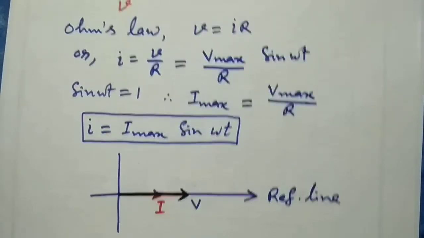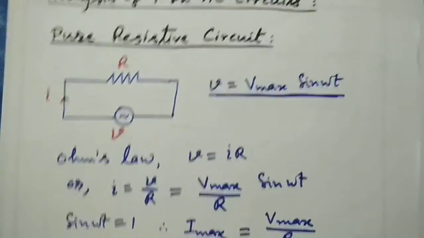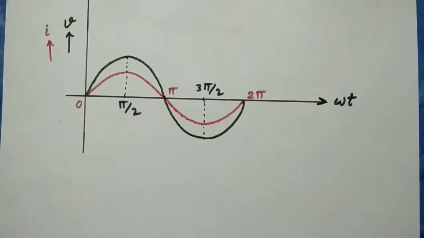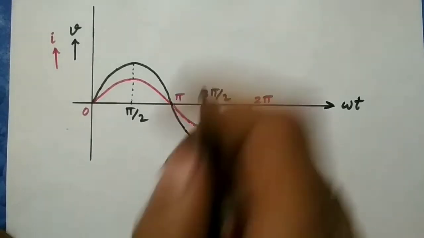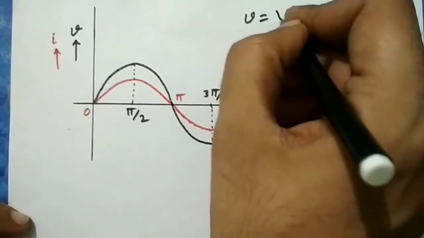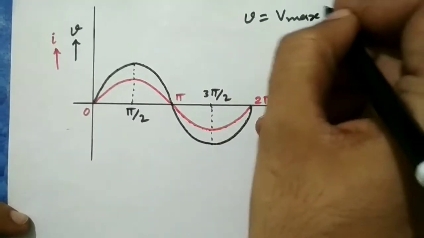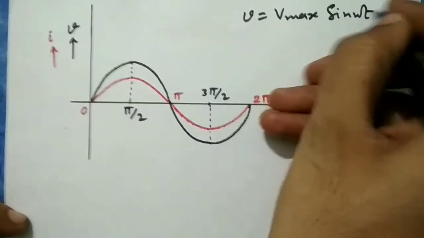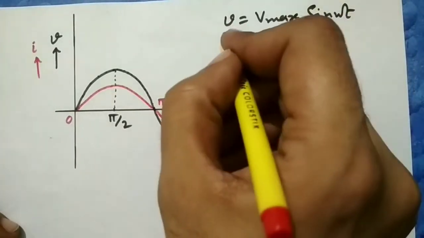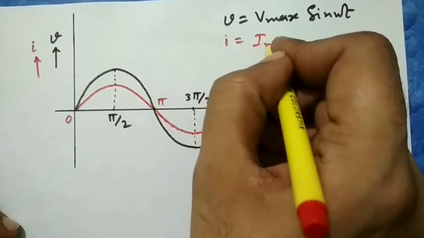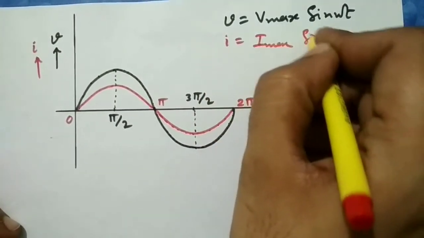Now, if we want to draw the waveform of the voltage and current, I have drawn it here. Here you can see that V equal to V max sin omega t that we considered initially, and the corresponding current flowing in the circuit is I max sin omega t.